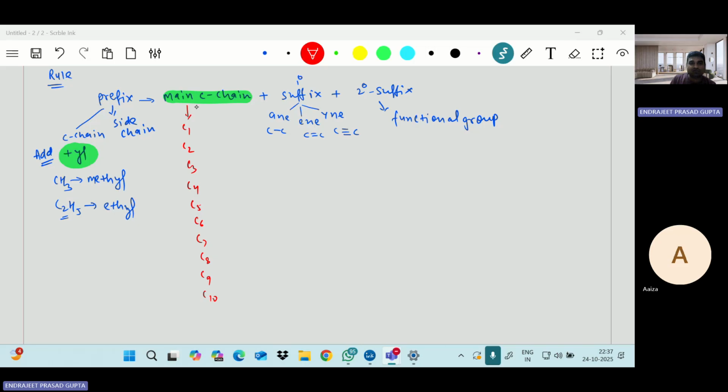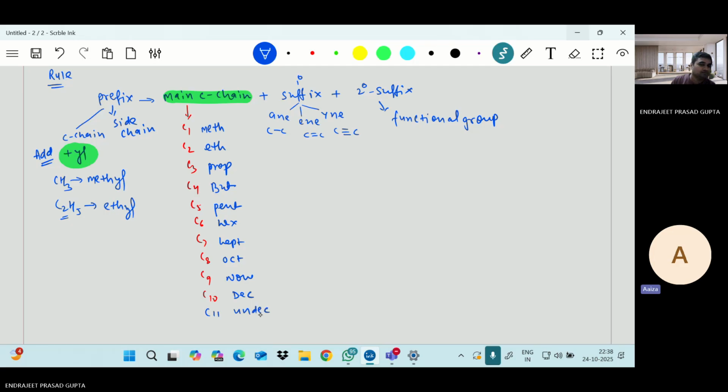Yes. So the main carbon chain: one carbon is called meth, two carbon is eth, three is prop, four is but, five is pent, six is hex, hept, oct, non, dec, and 11 is undec, 12 is dodec, like this.